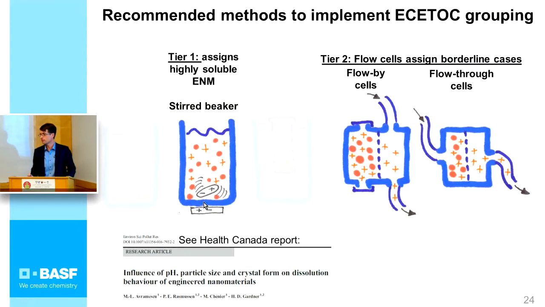And actually, Health Canada has funded a study which published a very nice investigation on different zinc forms, which supports that this can be done. You just need to know which media to choose to be relevant, and this showed reproducible results. But for borderline cases, I think we need these flow-through or flow-by cells, and this is what we recommend for tier 2.